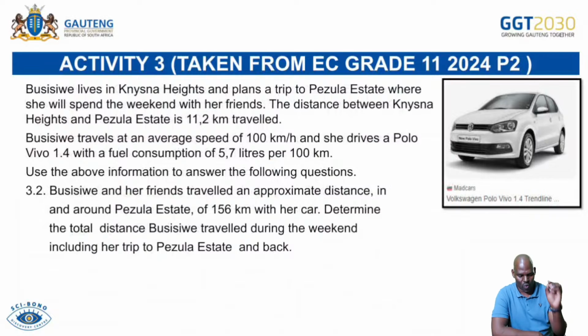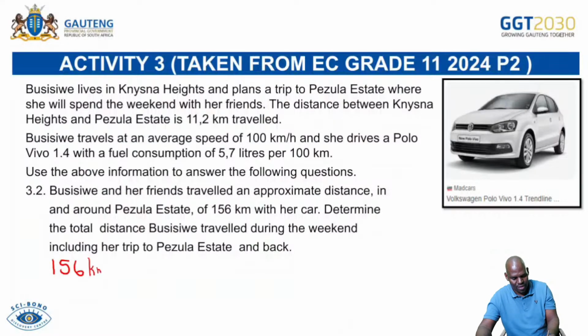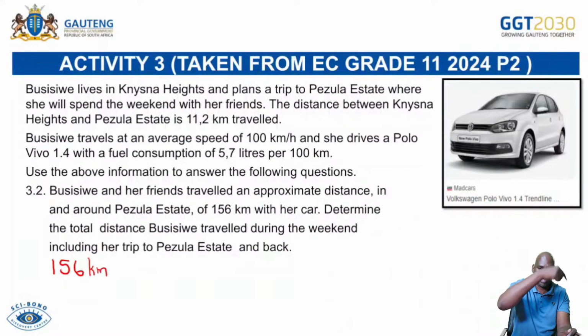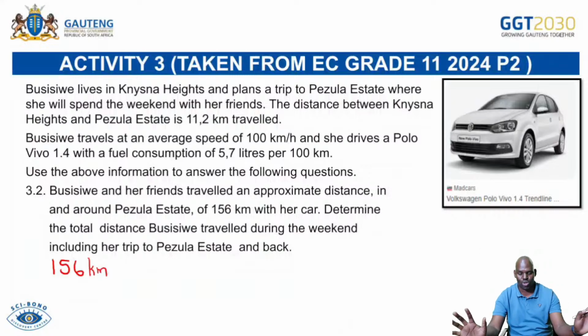While they were at Pezula Estate, they traveled 156 kilometers, so maybe they were going to the clubs and so on, partying. So they traveled 156 kilometers while they were around.